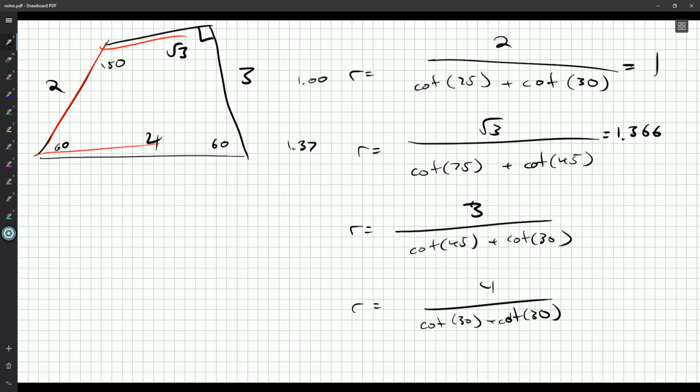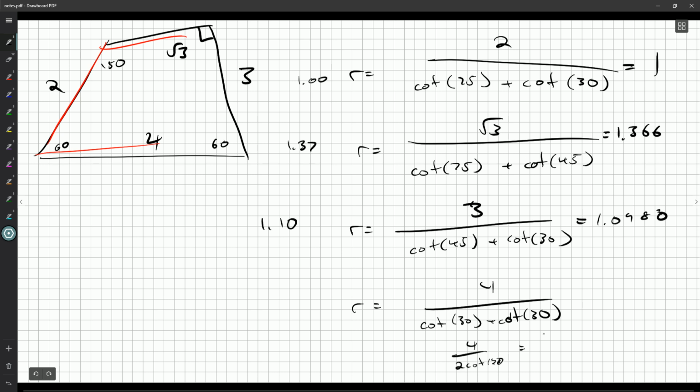Well, 3 divided by cotangent 45 plus cotangent 30. I'm getting the radius there would have to be 1.0980. So we'll round it up to 1.10 because it looks like their answers are to 2 decimal places. And then finally, 4 divided, I could combine the bottom here, make it 2 cotangent 30s.